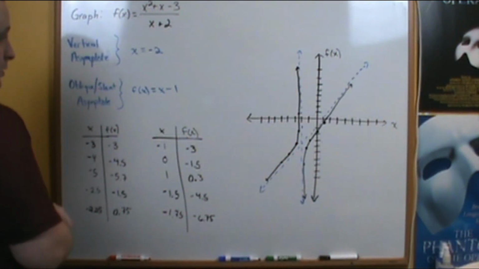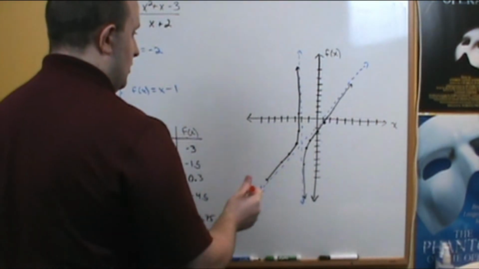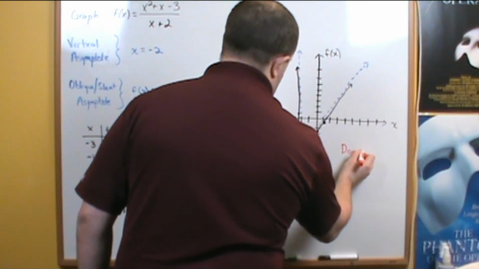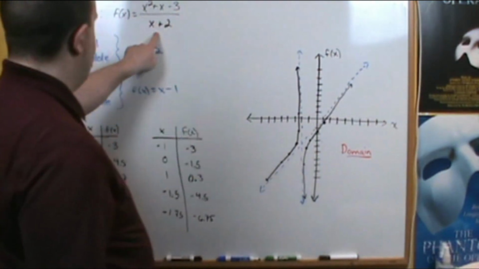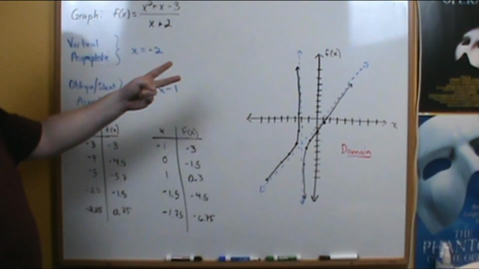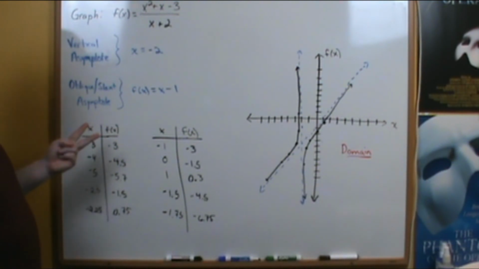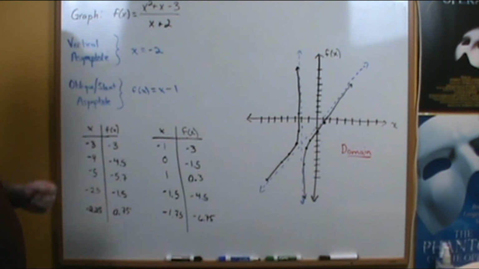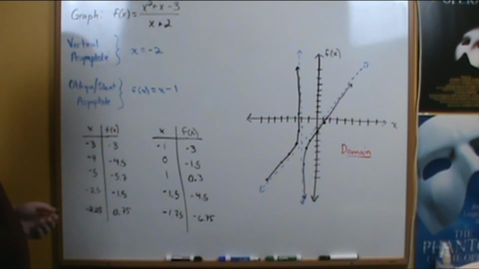And from here, we could state our domain and our range of the function. The domain, well, domain restrictions, there's two things that you need to consider. You can't ever divide by 0, and you can't create an imaginary or complex number, or have a negative under a square root, or under an even root, I should say.